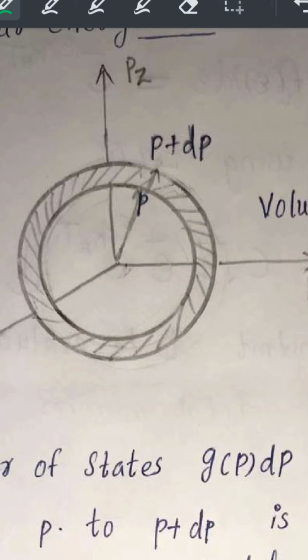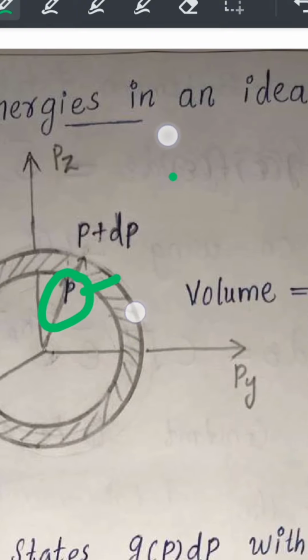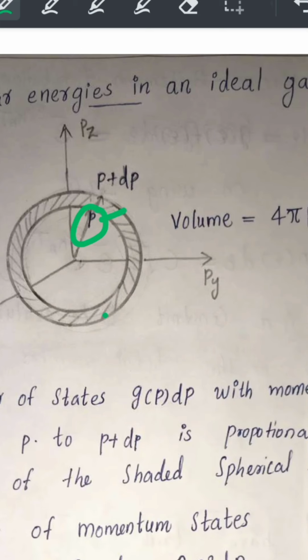So this p corresponds to a sphere of radius p, and this p plus dp corresponds to a sphere of radius p plus dp. The number of states that lie in this momentum range p to p plus dp is directly proportional to the volume of this shaded region.